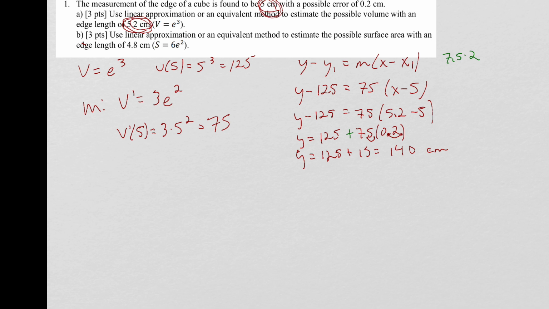And in a moment I'll show you how to do B. So B is very similar. Instead of volume, I'm going to use S for surface area, and that is 6e squared. I'm going to follow the same mechanics here.